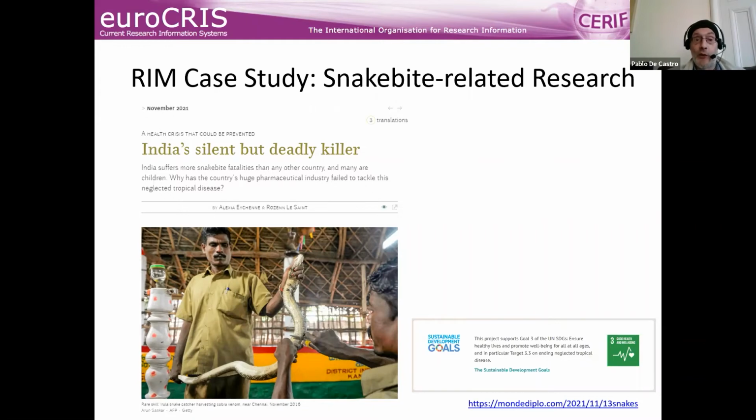This is a very recent one, dated November last year, highlighting the fact that this neglected tropical disease, as it's categorized by the World Health Organization, is particularly impacting India. This is again a sustainable development goal related research area, for number 3.